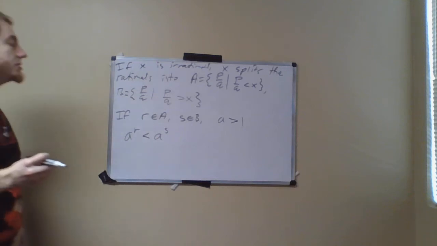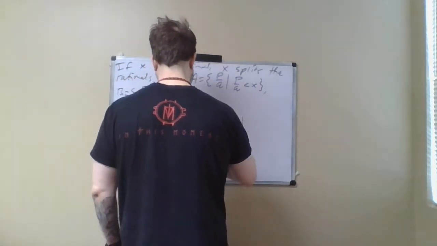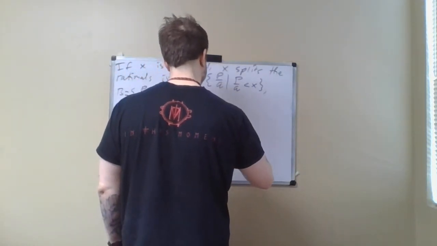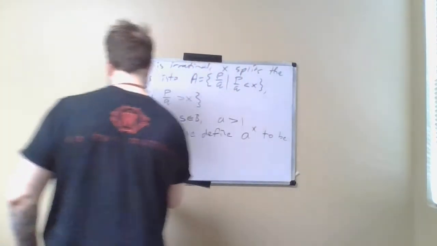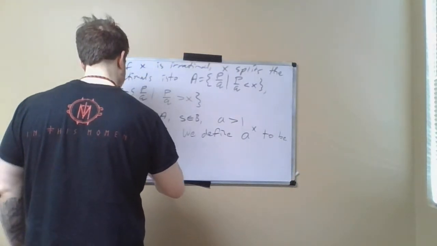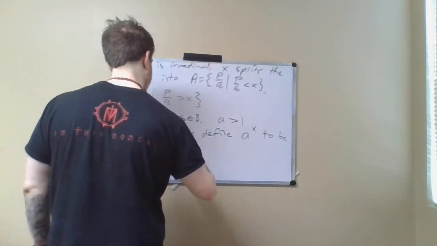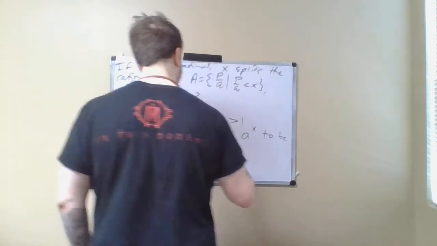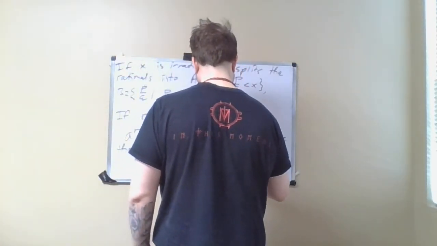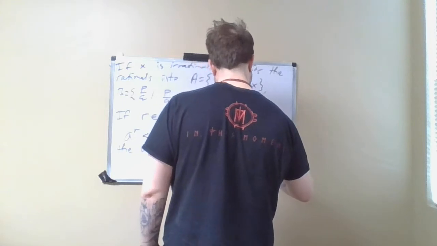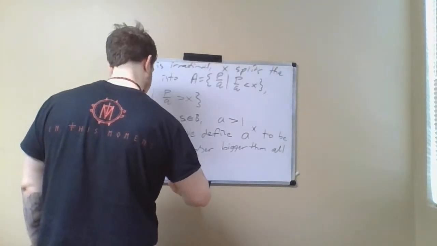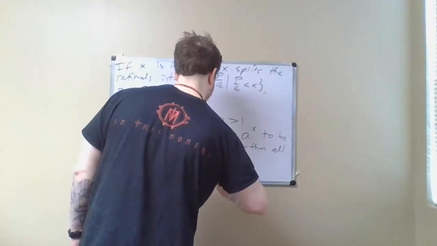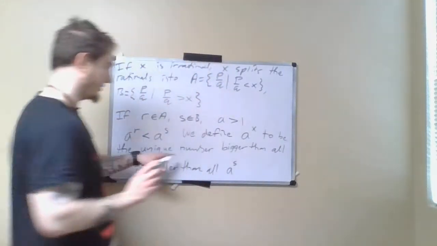And what we are going to do is we define a to the x to be the unique number bigger than all of the a to the r's and smaller than all a to the s's.